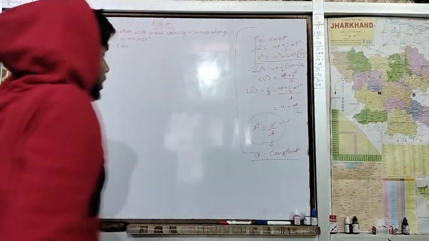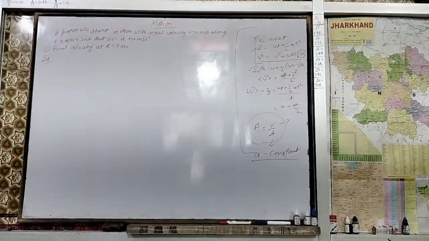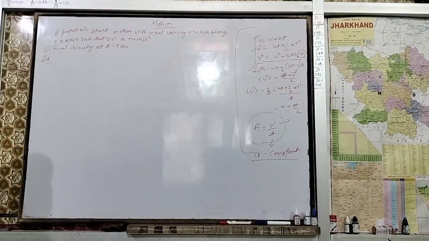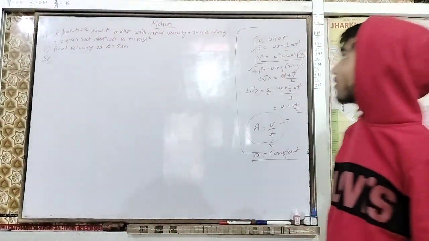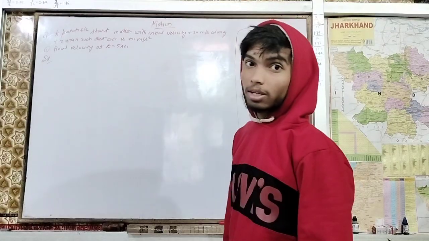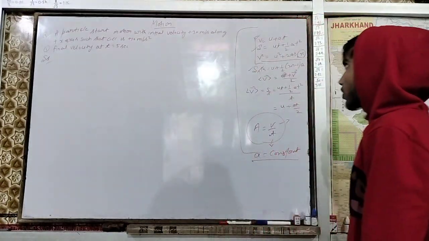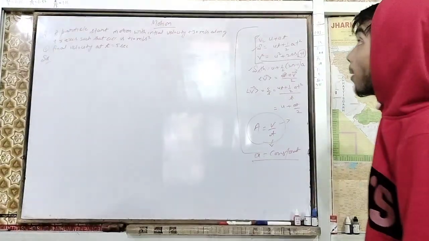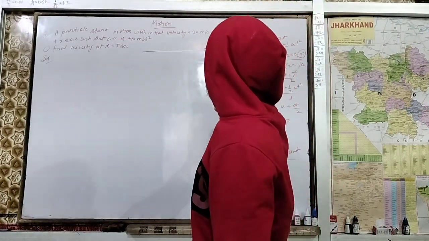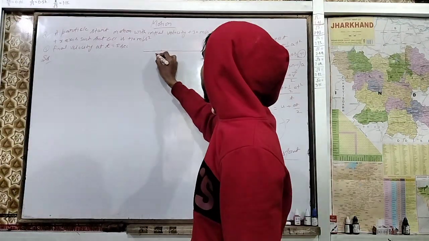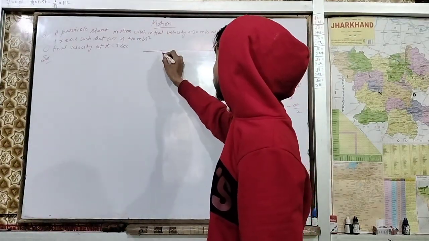A particle starting its motion with the initial velocity. Initial velocity, not initial location. So initial velocity is 30 meter per second along the positive x-axis. Let's say this side is the negative x-axis, and this side is the positive axis.